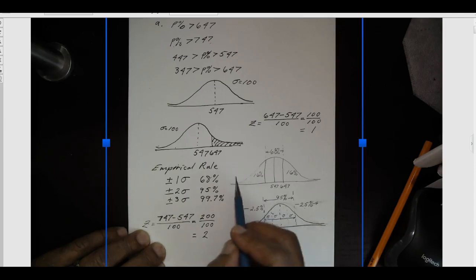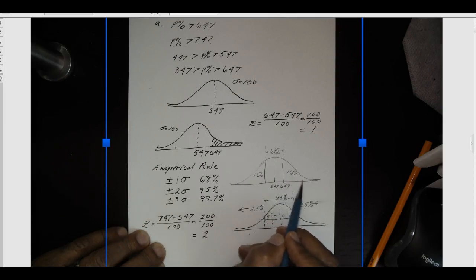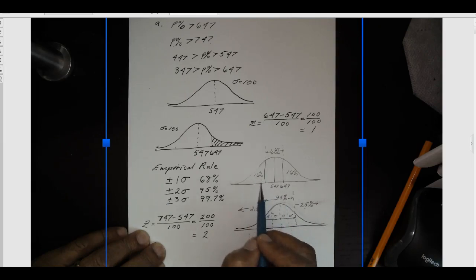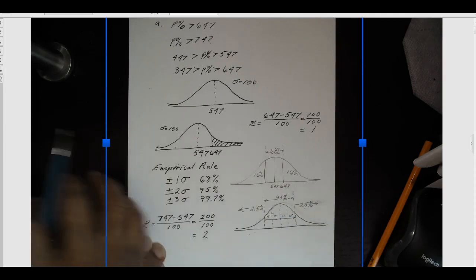So the percentage of values that fall above 647 is going to be 16%. We take that 32, divide it in half. Half of that goes in the upper tail, half goes in the lower tail. So the answer to the first part of the problem is 16%.